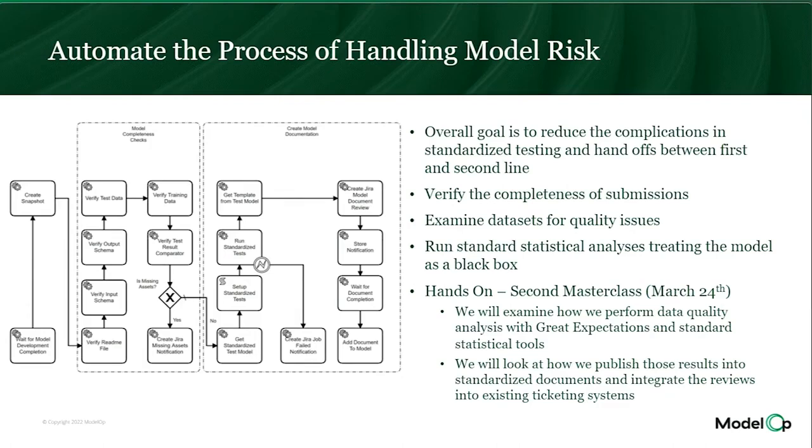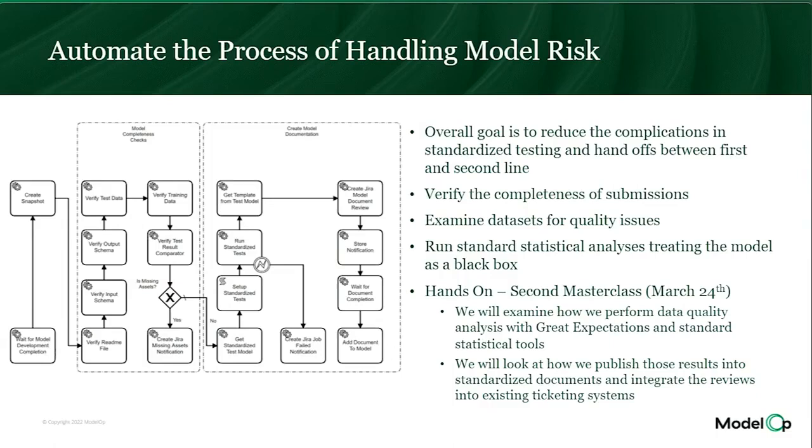And also, what often happens is when it goes from the first line to the second line, there's a lack of some of the requirements you have. So, for instance, you might not have baseline data. You might not have some sample data. You might not have pieces where, if you don't have them, you really can't assess the quality of the model. So you can see it as an example on the left where we can go through and make sure, hey, did they actually submit all these?